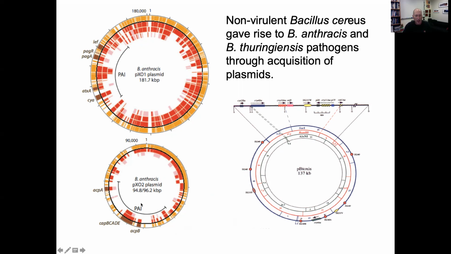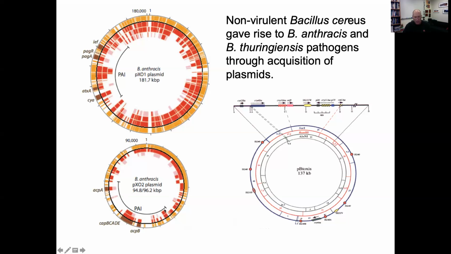And these plasmids encode the genes for a capsule to protect them from the immune system. They encode the genes for anthrax toxin here, which is a very potent toxin for attacking the host. And that host could be humans, it could be livestock. You may see this referred to in some of your papers you're going to work on. This PAI stands for pathogenesis associated island.